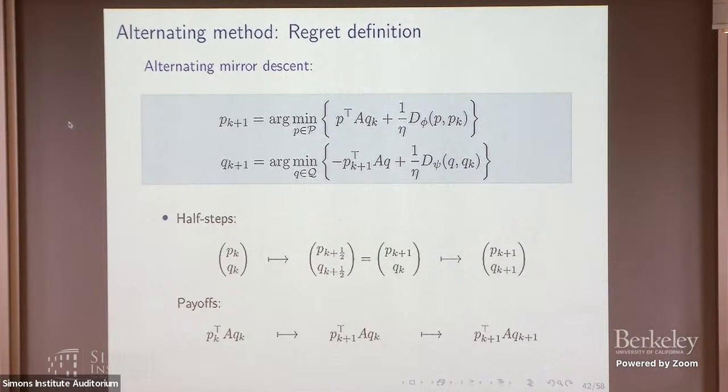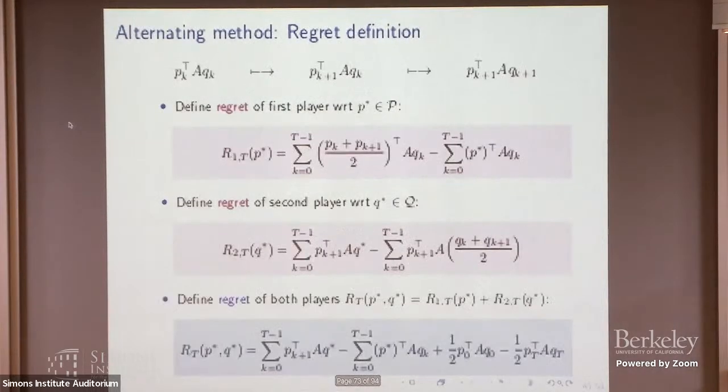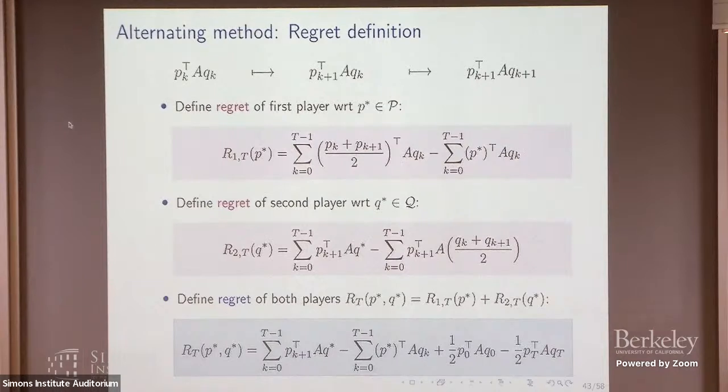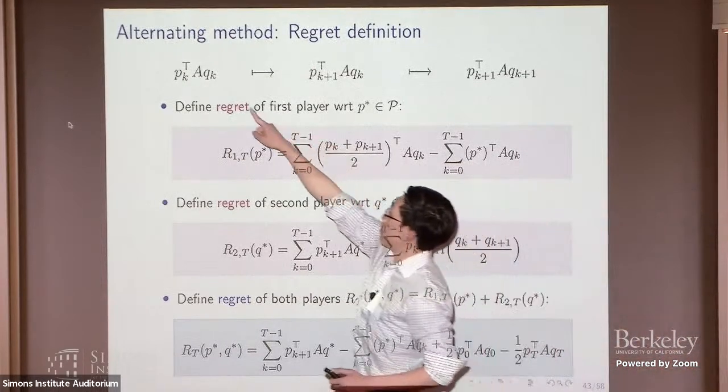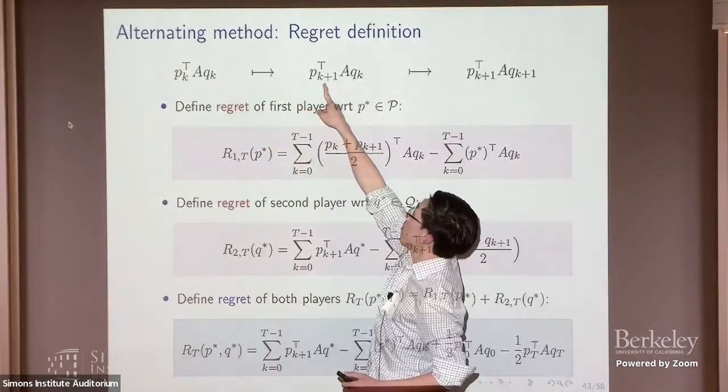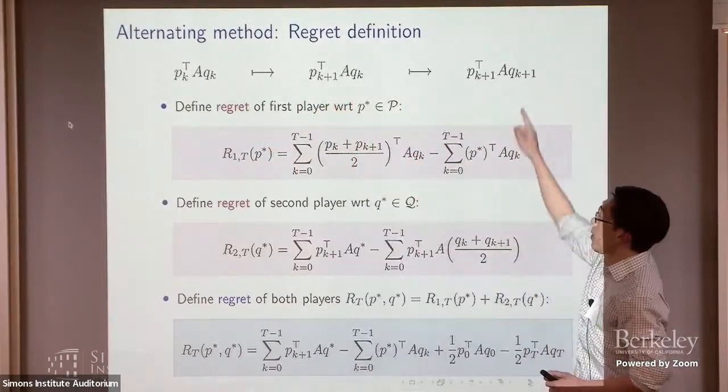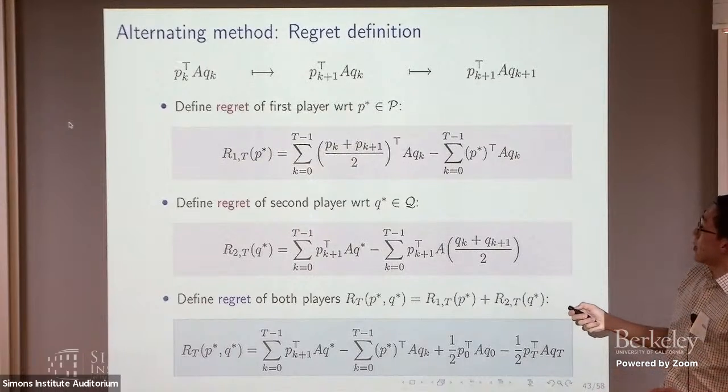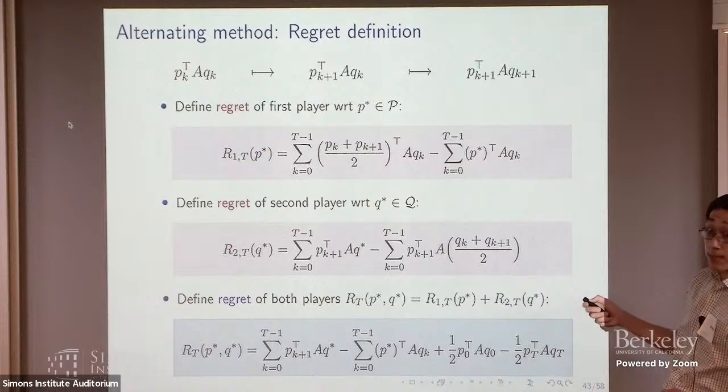Let me go through the definition. What happens here is that in the alternating update case, there are really two half steps. P makes a move and then Q makes a move. So the regret for the P player, for example, should take into account this payoff and then this payoff, right?